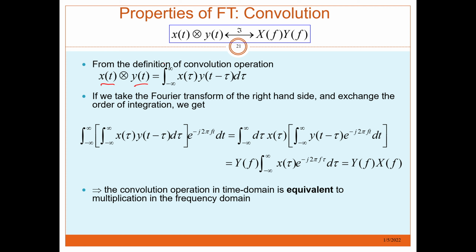Convolution is defined by integrating the functions, where the second function is delayed. In the frequency domain it is simpler, because we just multiply the functions Y(f) and X(f). So convolution in time is equivalent to multiplication in the frequency domain.